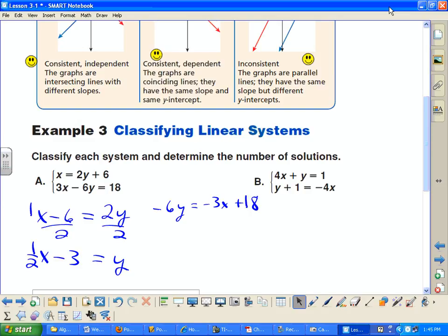Okay, so then we'll divide by negative 6. We get y equals negative 3 divided by negative 6, that'd be positive 1/2 x. And 18 divided by negative 6 is negative 3. So I compare my y-intercepts and my slopes.